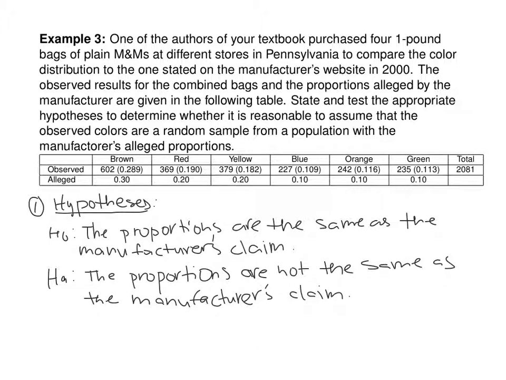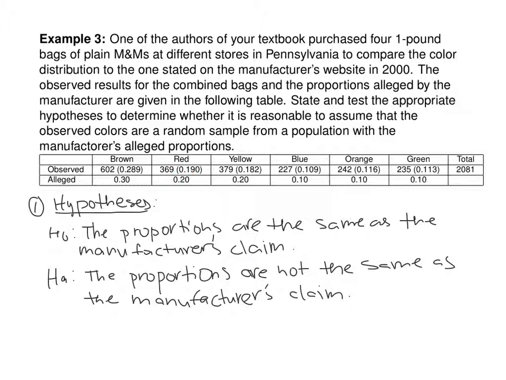Now, your next step is to calculate the test statistic. For this one, you don't need to compute expected values because you can actually just use the probabilities. So in the chi-square calculation, you can just use the fact that the observed probability is 0.289 and the expected is 0.3, and that the red's probability is 0.19 and the alleged is 0.2.